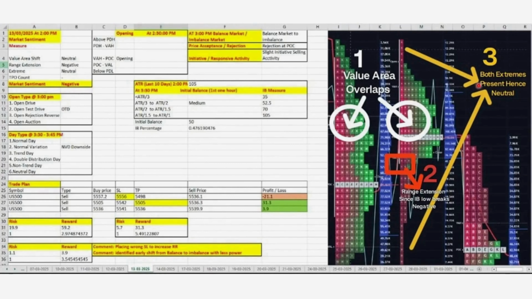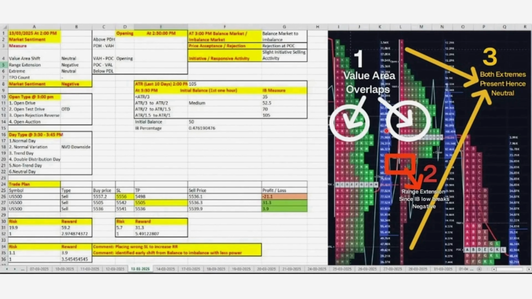When comparing yesterday's profile with the day before yesterday's profile, the value area overlaps, which is shown as number 1 with the white overlapped area, indicating a neutral sentiment.